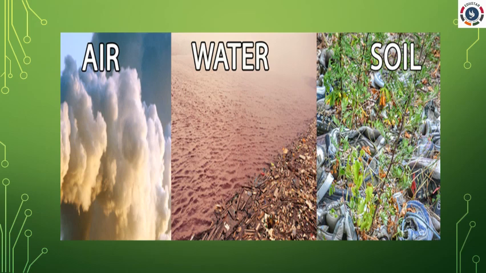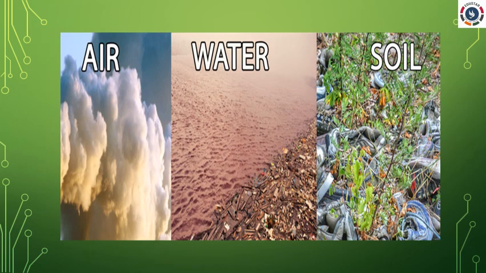Pollution is contamination or dirtying of the environment by the discharge of harmful substances into air, water or soil. And by destroying our environment, we are destroying our own future. That is why we should do everything to control pollution and save our environment from damage.